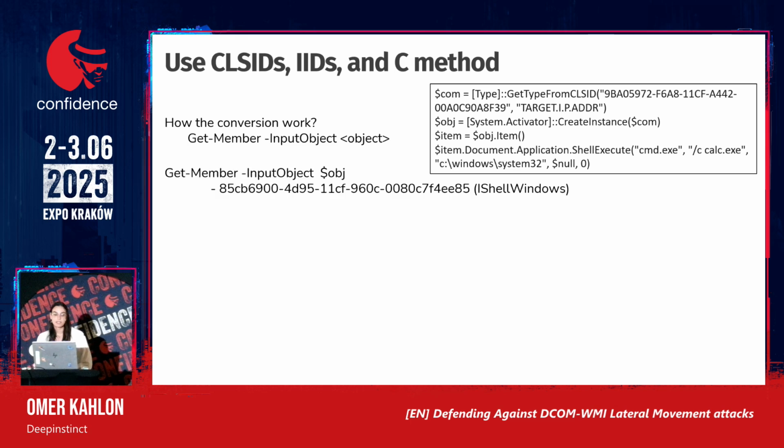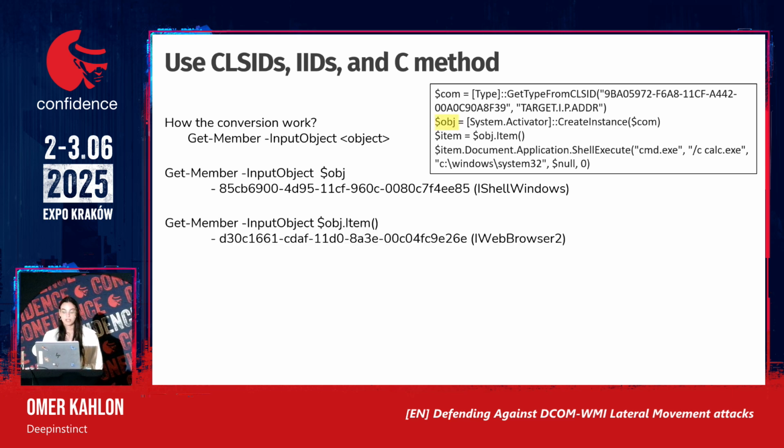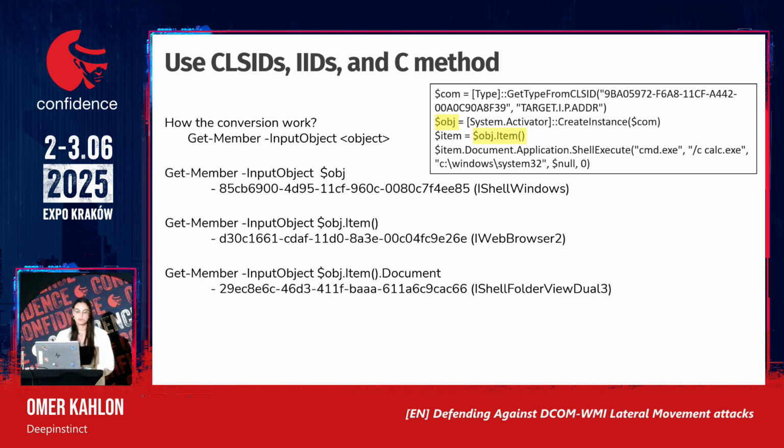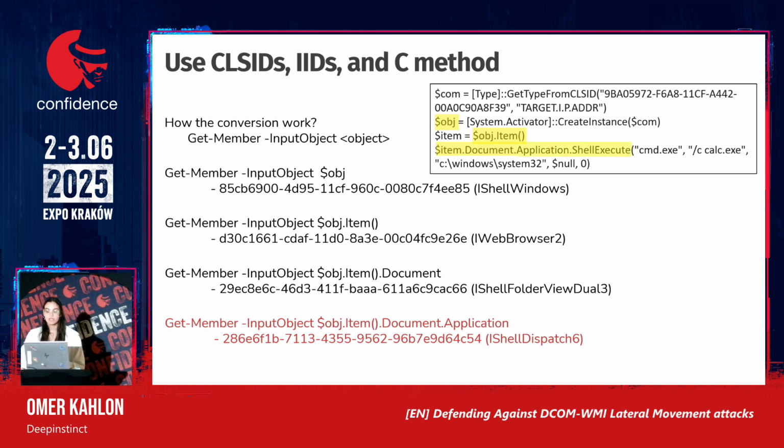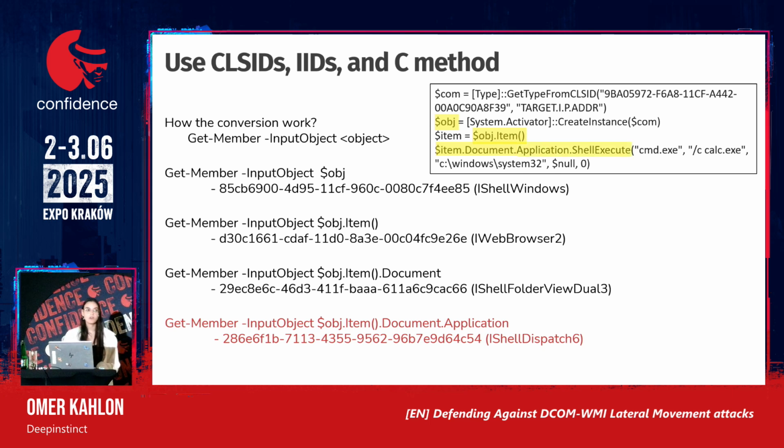So I started running this command on the OBJ and got back its IIDs. Then I kept running the same command on the rest of the objects present in the PowerShell script. And finally, we learned that the Application object we're looking for is associated with the following IIDs that point to IShellDispatch6.